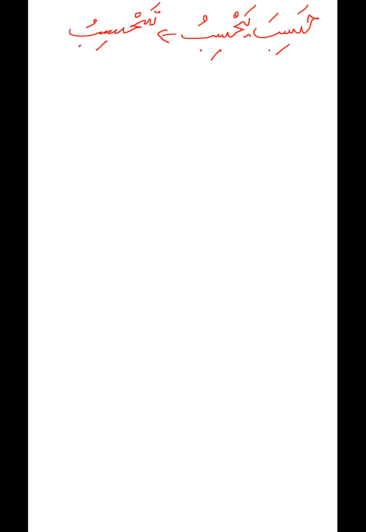Okay. Now, what will be the first step? Make the last letter sukun. So this will be the lightest. Tahsib. Okay. Then what do we do? We will remove the ta. Okay. Then what do we do? Can we read this? No.